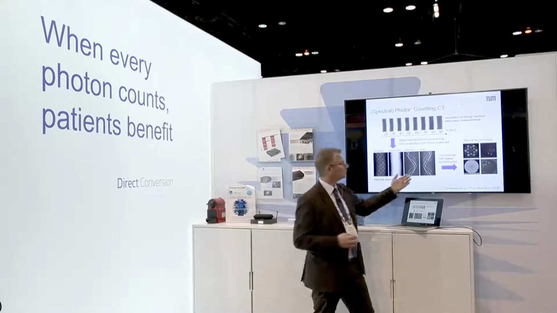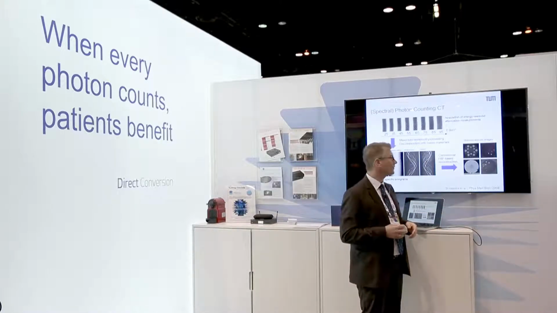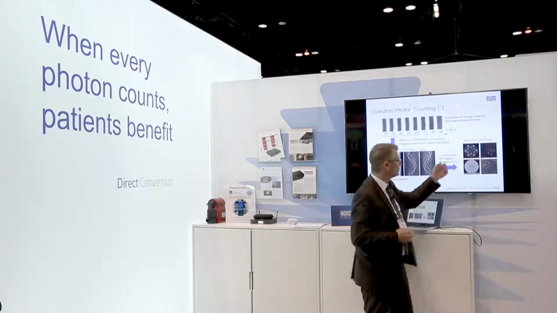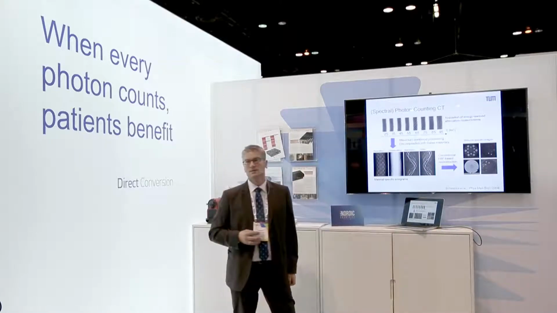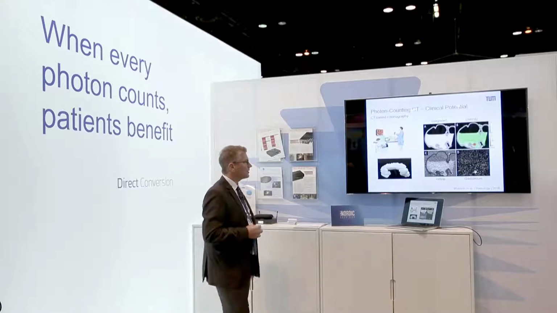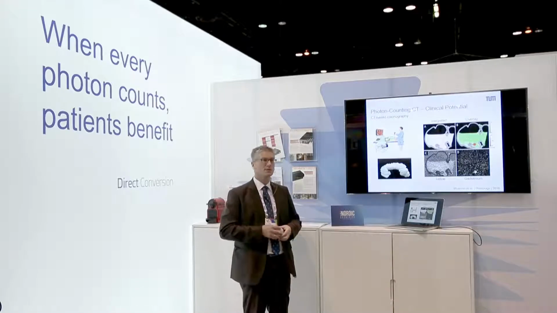And with this you can now create material-specific images, more than the 2 that I showed before, because you had more input bins to start with, and you have a gadolinium and, for example, an iodine image in the detector.